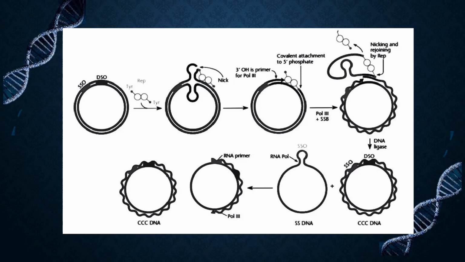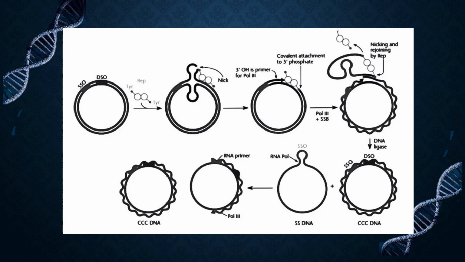So let's discuss the steps occurring in the rolling circle model of replication. The Rep initiator protein is recruited to the bind region and it nicks the double stranded origin. Then it physically attaches to the 5' end of the nicked strand, and the free 3' OH is the primer and is extended by the host DNA polymerase 3.